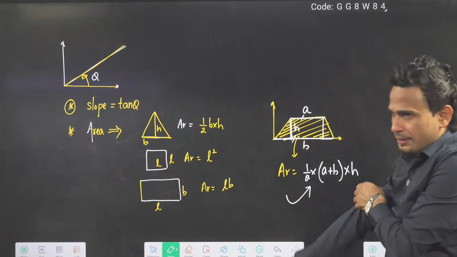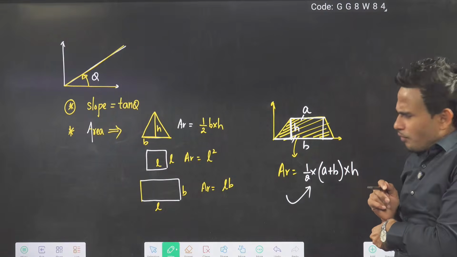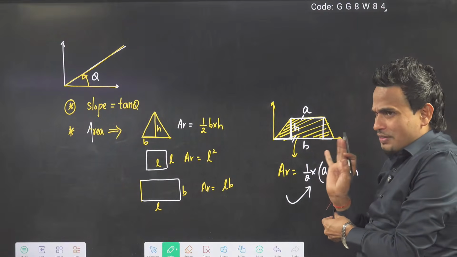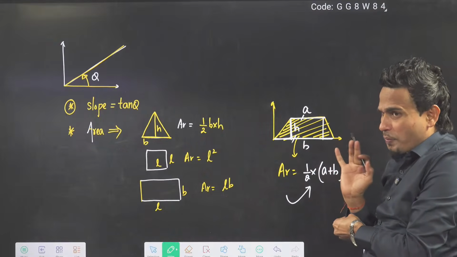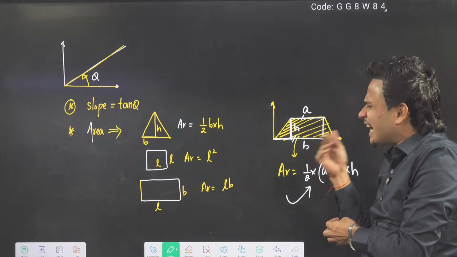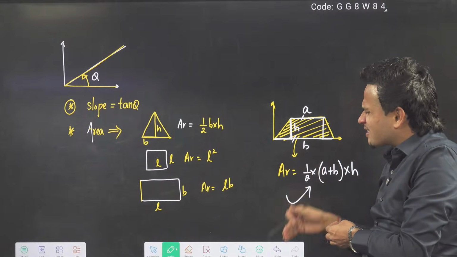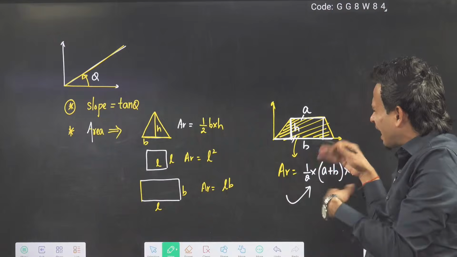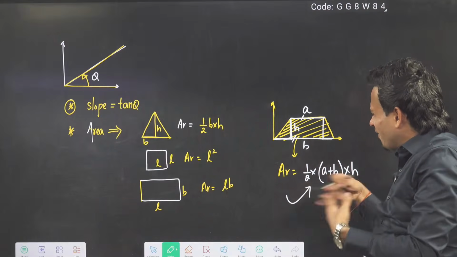Now one more last point here, then we'll start with some questions. We understood triangle area, where slope means tan theta, area of triangle, area of square, side square, length into width for rectangle, and trapezium we divide into triangle, rectangle, or directly use the formula.